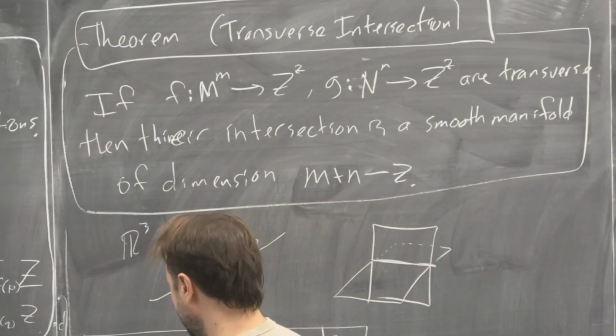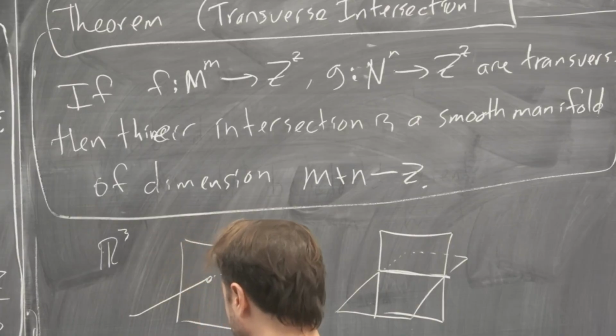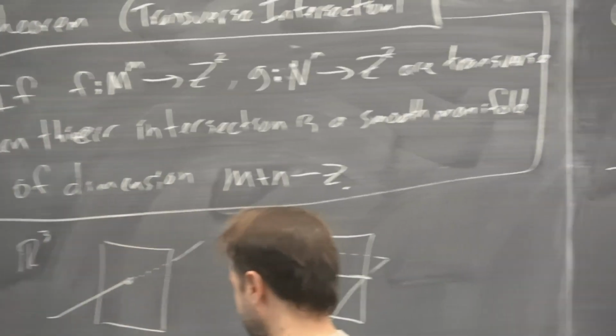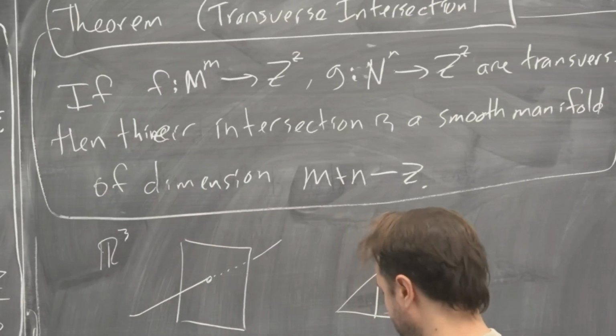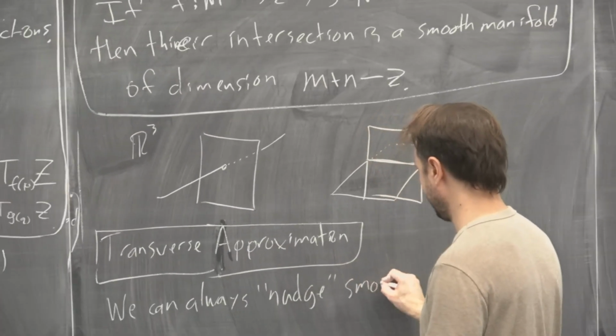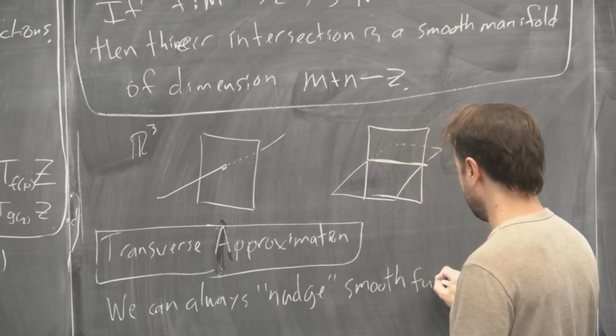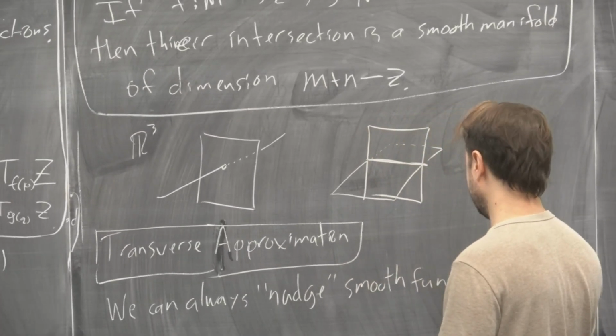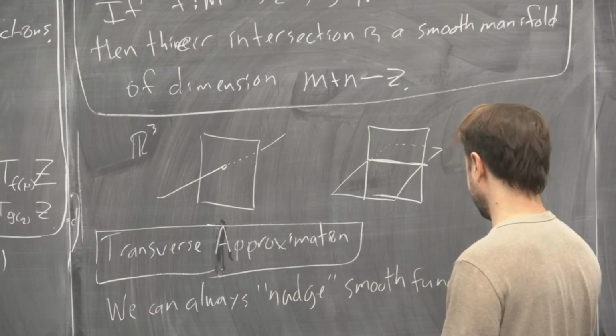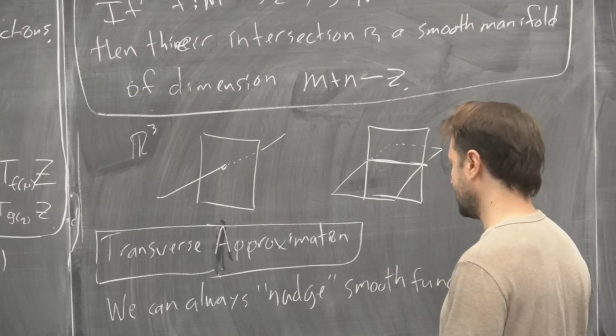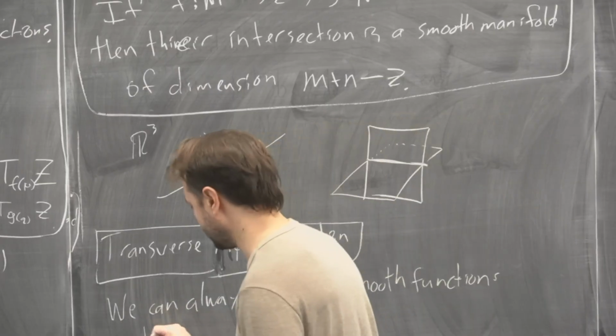Transverse approximation: we can always nudge two functions, or continuous functions, to make them transverse.